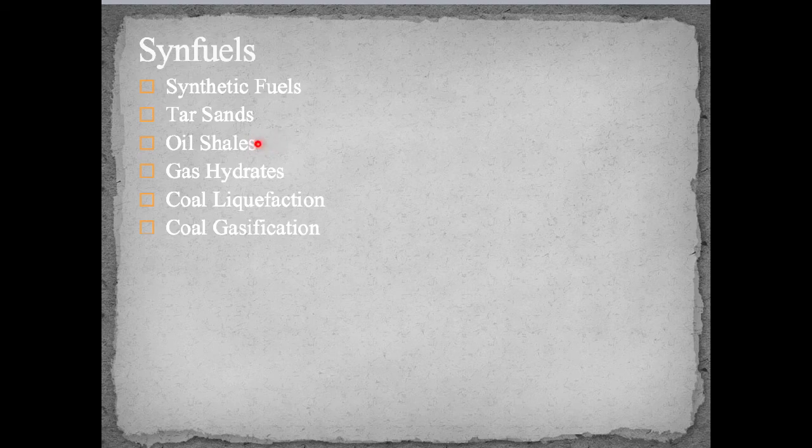Oil shales, which is a layer of rock strata that is found in a couple places across the United States, and they can do hydraulic fracturing, which we'll watch in a video, also known as fracking, where they can release oil from this very dense hard rock. Gas hydrates, coal liquefaction, and coal gasification. Those are a couple not really used anymore, but they're listed here in the book.